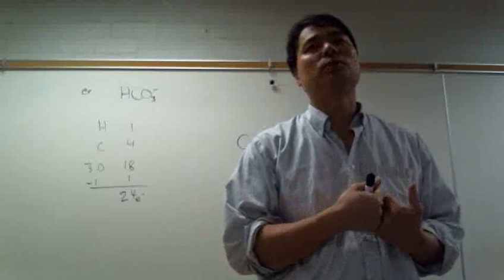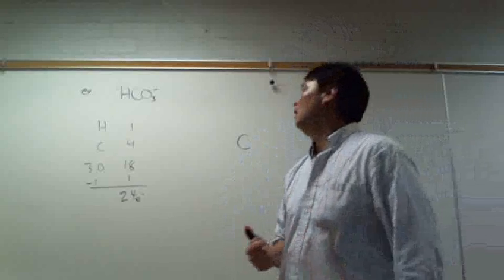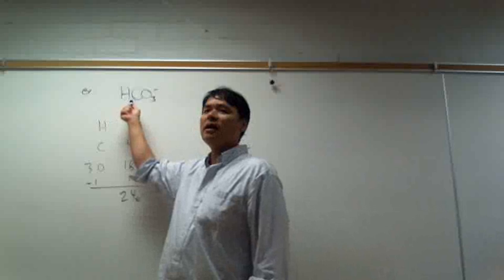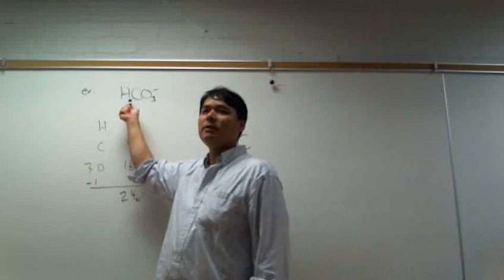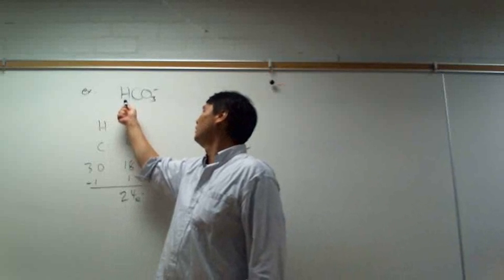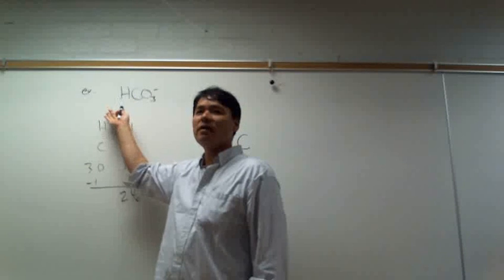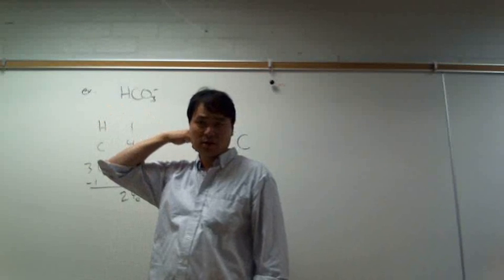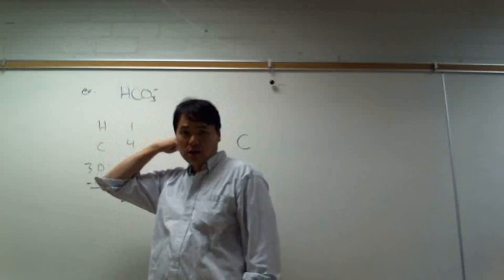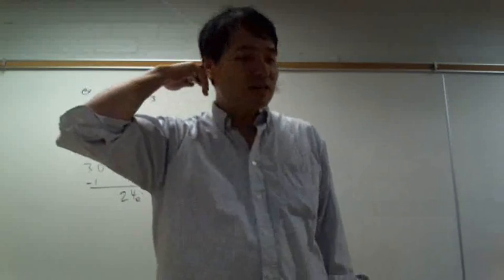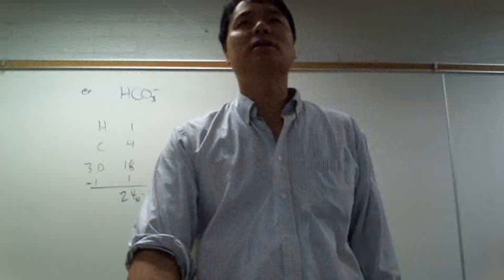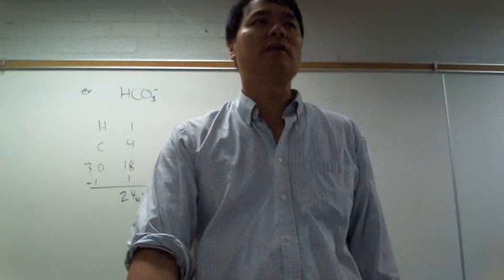Hint number 2. Now, this is what we call an acid anion. Why do we call this an acid anion? Because acid anions have hydrogen written first. Acids have hydrogen usually written first, not always. If you have an acid, the hydrogen always gets bonded to the least electronegative or the most electronegative element?